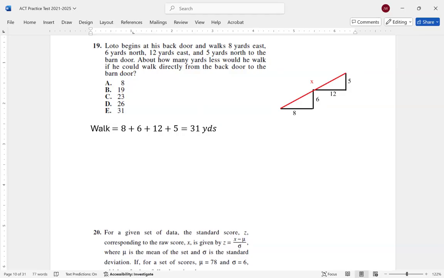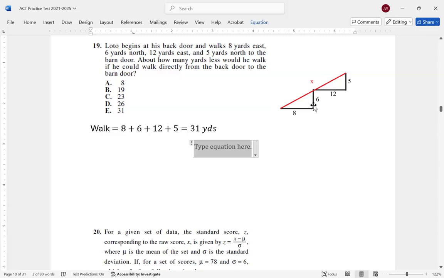So he walks 31 yards now. Now I want to find what he would do if he did a straight line. So what would the X be? Well, X is the hypotenuse of a right triangle whose base is 20. Notice that's 8 plus 12. And whose height, the other leg, is 11. That's 5 plus 6.